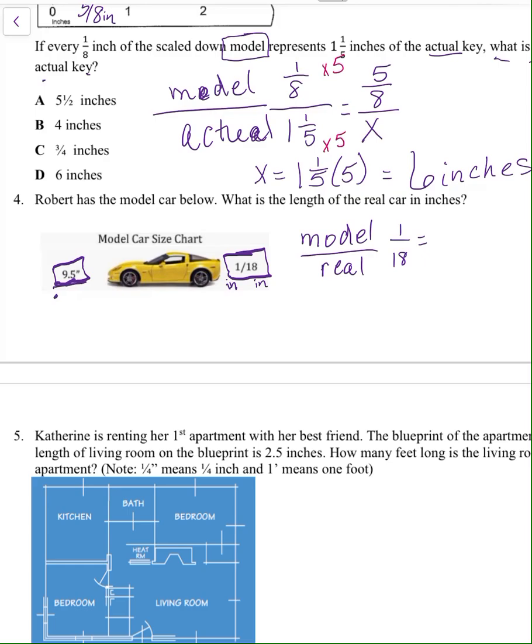And then 9.5 inches is the model, not the real car. And then the X. So cross multiply or use scale factor. 1 times 9.5 will give us 9.5, and 18 times 9.5. Either way, you're going to do 18 times 9.5, and that'll give us the answer.